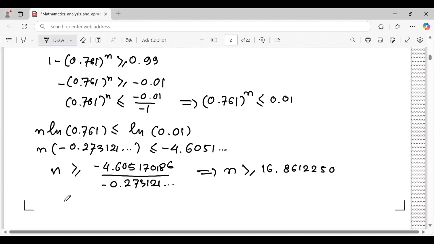So we need to find the closest greater integer near 16.86, and that is 17. So n equals 17.